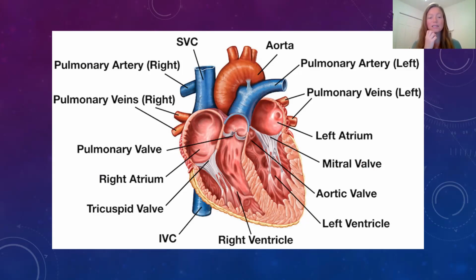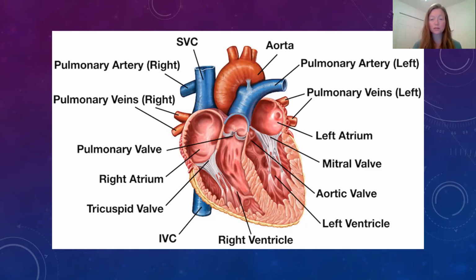It's harder to see that division in this image, but the left and right atria are at the top, and then the left and right ventricle at the bottom are the more conical shapes, okay? Let's see what else here. The right side of the heart is what carries deoxygenated blood, whereas the left side of the heart carries the oxygenated blood.